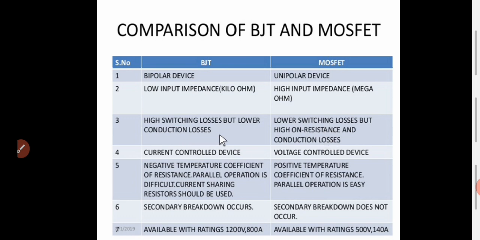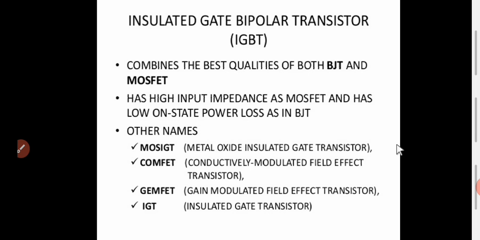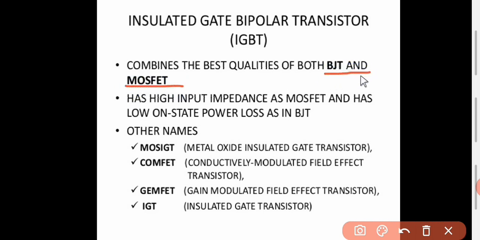So the BJT suffers from high switching loss and the MOSFET suffers from high conduction loss. This problem is solved by the IGBT. IGBT is the combination of the BJT and MOSFET. So it solves the problem of high switching loss of BJT and high conduction loss of the MOSFET.